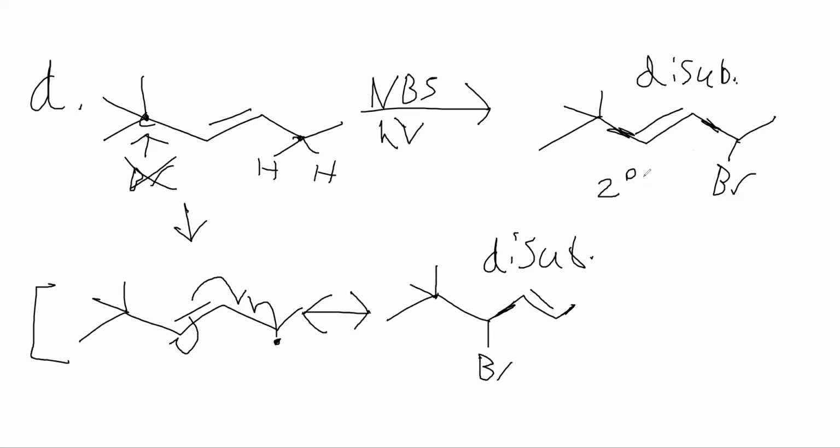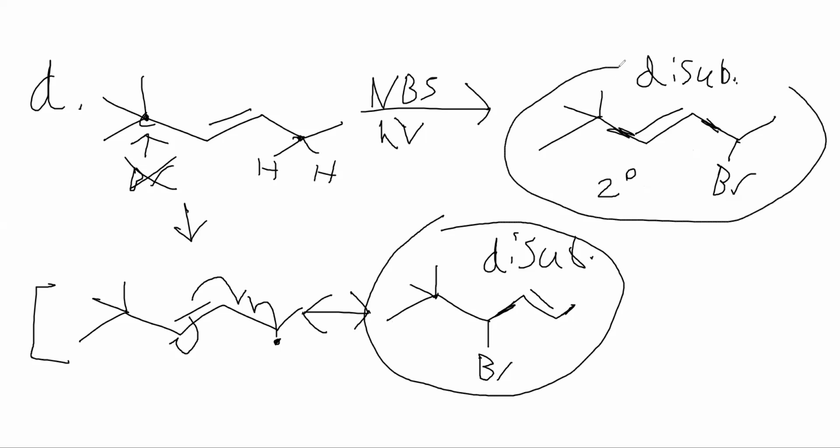So as far as I can tell, they're both equally stable, so there's not really a major product. They probably form in close to equal amounts, so I'll just circle both of them and say that both are major products.